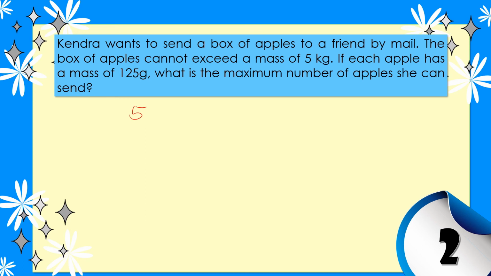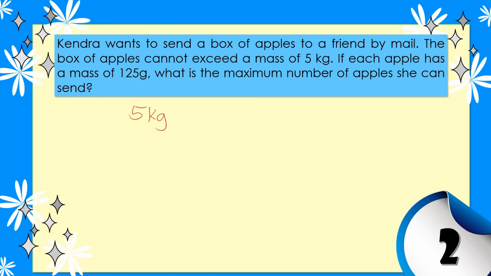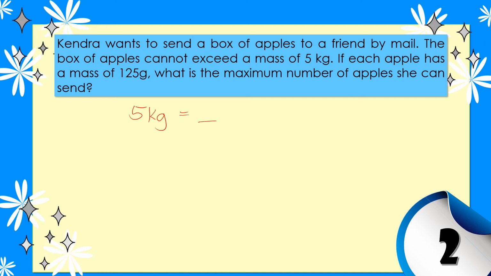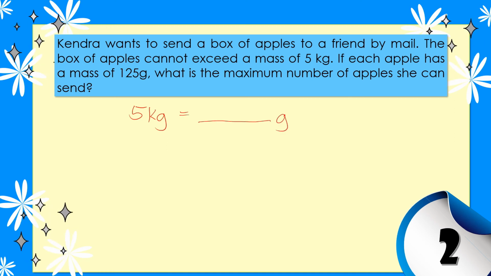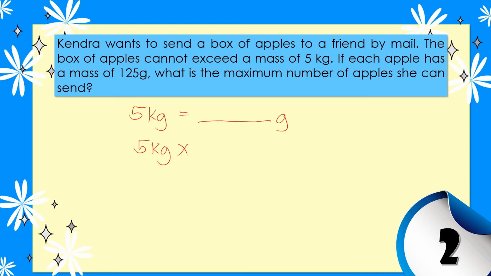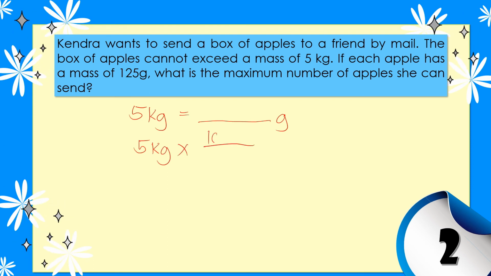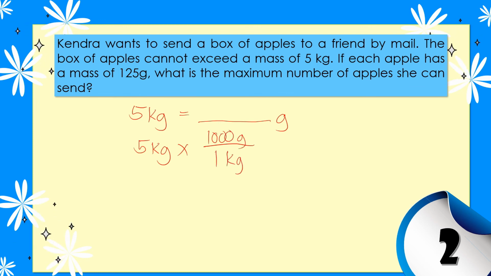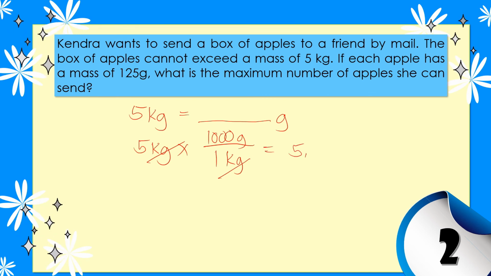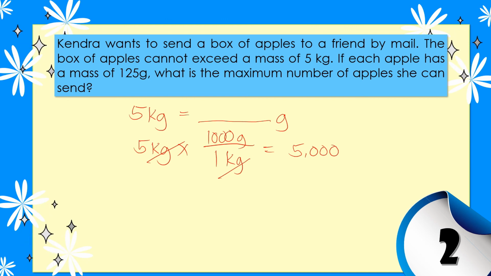So, yung 5 kilogram, ilipat natin sa gram. So, that would be 5 kilogram. I-times natin sa 1,000 gram. Because for every kilogram, there is exactly 1,000 grams. So, 5 times 1,000, that would be 5,000 grams.